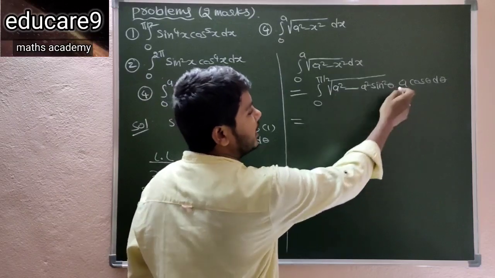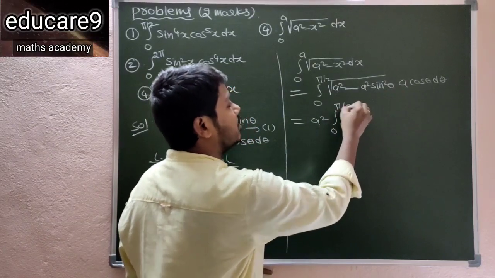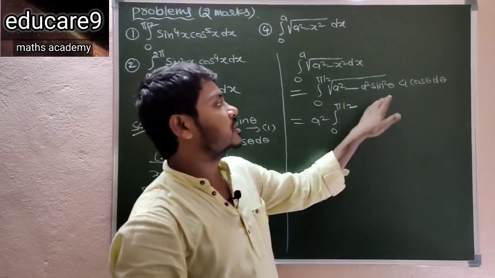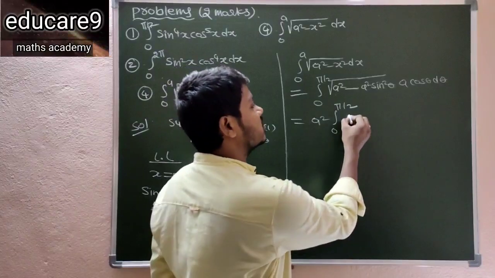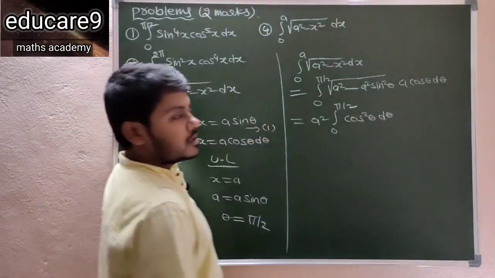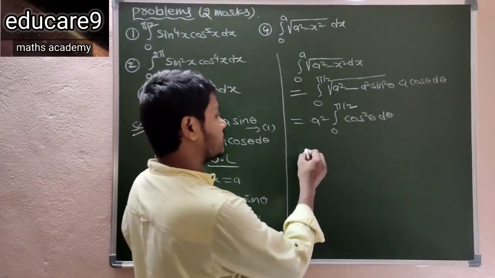You will get a into a², so the integral from 0 to π/2 of the square root of 1 − sin²θ, that is cos θ. So cos into cos, cos²θ dθ.